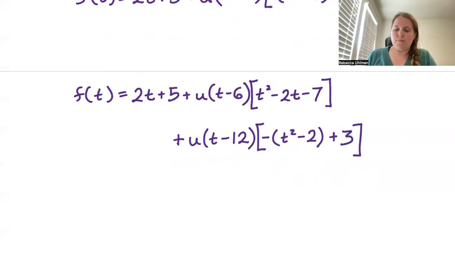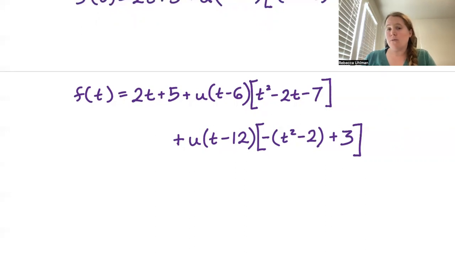Again, a reminder that u of t minus 6 and u of t minus 12 are both 0 up to 6, so up to 6 the function is just 2t plus 5. Between 6 and 12, the first step function is 1 and the second is 0, so we have 2t plus 5 plus t squared minus 2t minus 7, which lands us on t squared minus 2.